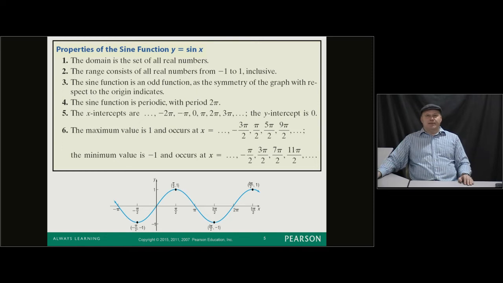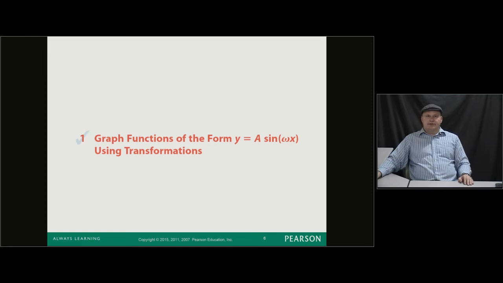We call those extrema, the odd multiples of pi over 2, but some of those extrema are maximums and some of them are minimums. The last part is important, but I would say just know the shape, and you can't go wrong there. All right, let's look at some more of this.